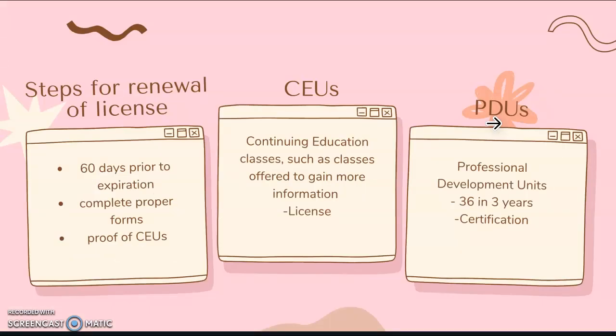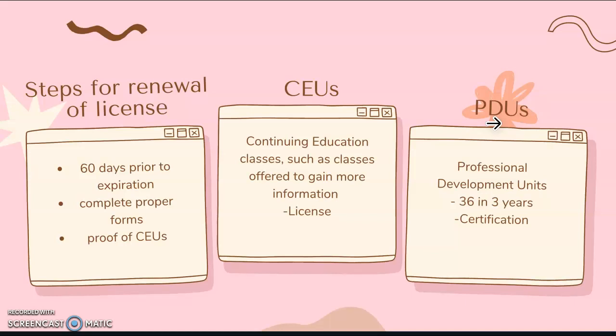Alright, steps for the renewal of a license. The renewal is either annual or biannual. You need to start the process 60 days prior to expiration, or else there are no promises by the licensor that it will be completed by the time it does expire.